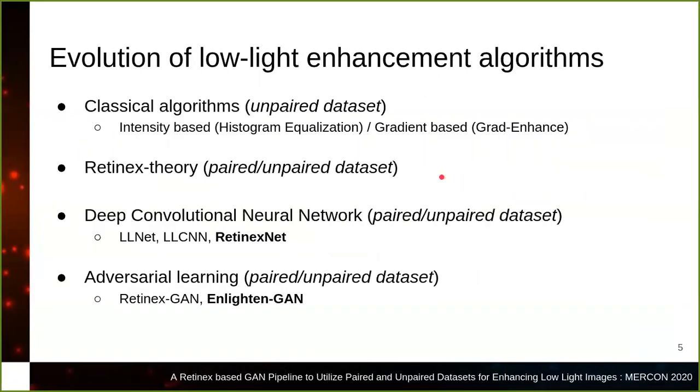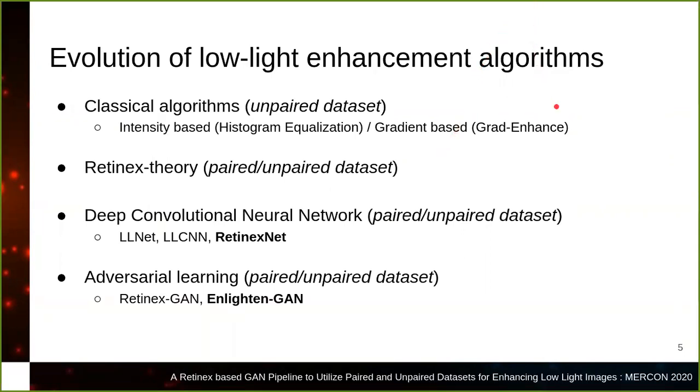Then we go for the algorithmic ones. The existing work includes classical algorithms, which are classical signal processing techniques such as equalizers and gradient enhancement techniques. And then there is Retinex theory. We'll go into what Retinex theory is later, and also what paired and unpaired datasets are.